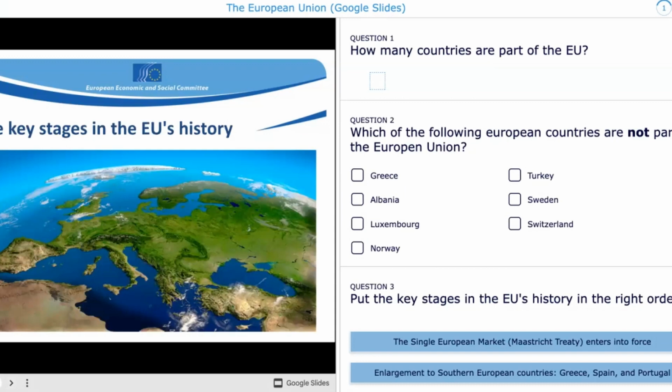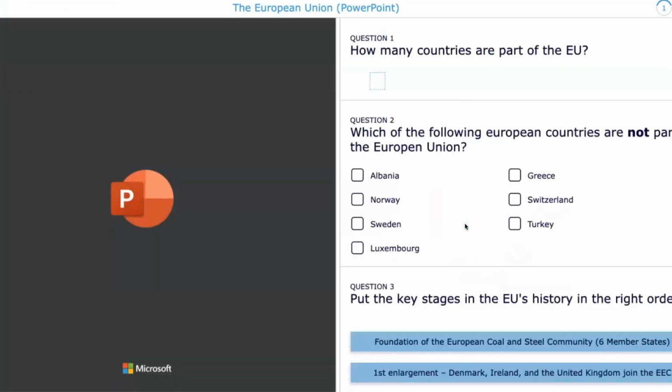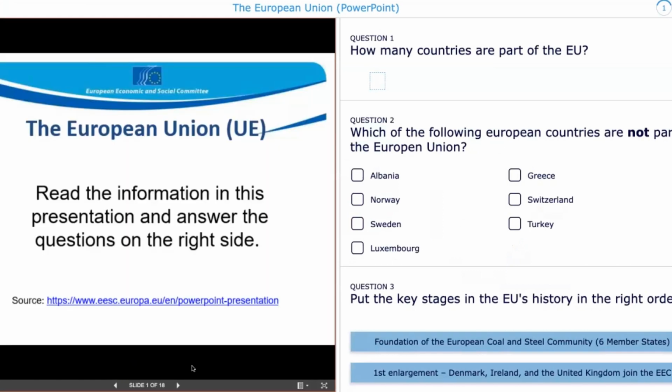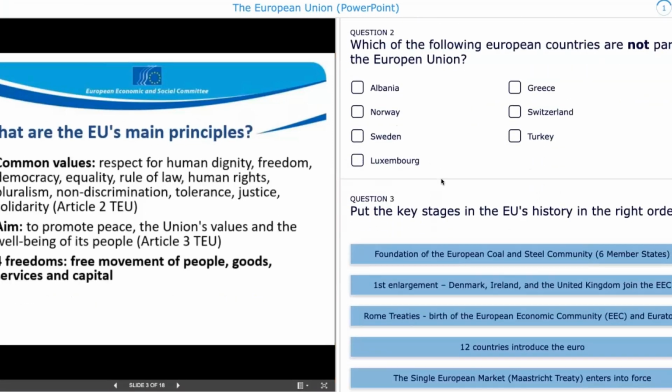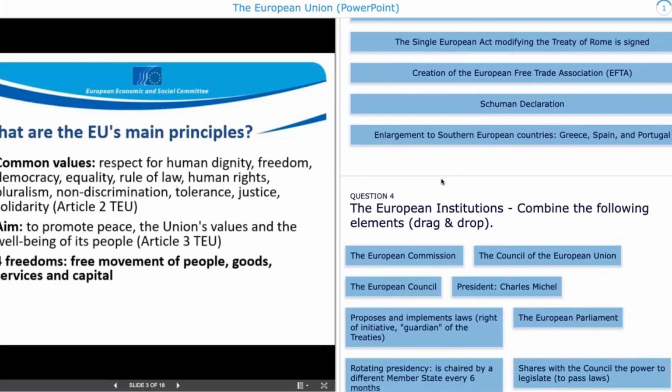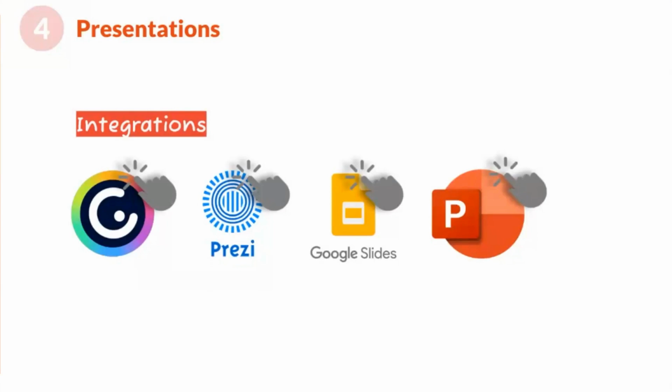A lot of this is show and tell, and again I want to inspire all of you with some ideas of what you can do with your own content. If Google Slides isn't your thing, you can also embed your PowerPoint. You'll see it's the same content, and then here I have my questions to check my understanding. So presentations can go in there.